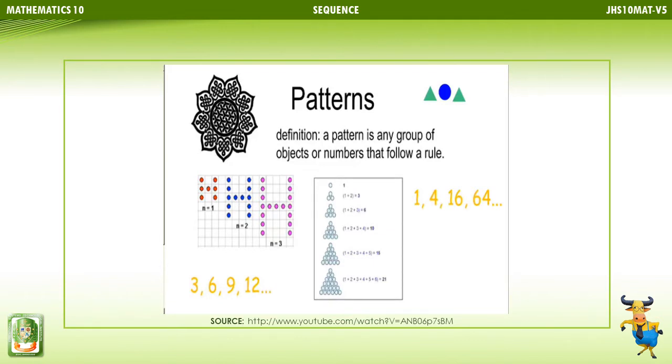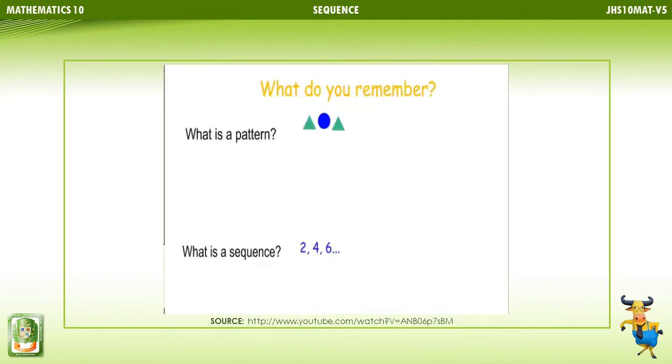In your notes, you can see that I have a pattern started: 1, 4, 16, 64. So if we were going to look for that pattern, what am I doing each time I go to a different number in that pattern?